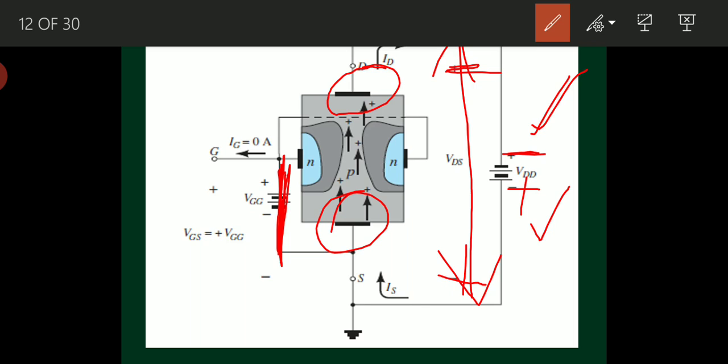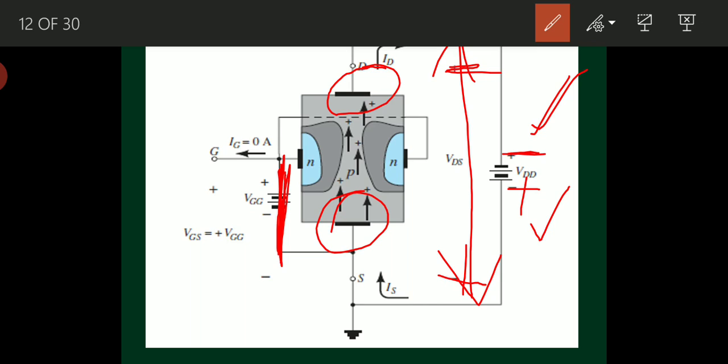So what will happen? This negative bias will make the material at the drain terminal reverse biased. The negative potential makes the drain reverse biased and the positive potential makes the source terminal forward biased.